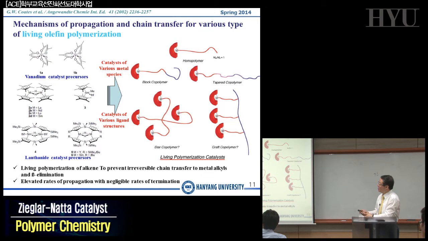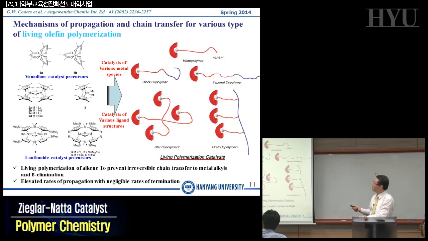And by using the different types of the metallocene systems, you can make the homopolymer with a very narrow molecular weight distribution, or you can make a block copolymer with a different color. You can make a copolymerization systems. You can have a grafted system or stop polymerization systems by using various types of catalyst systems.